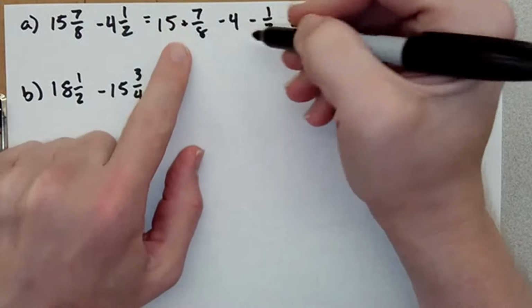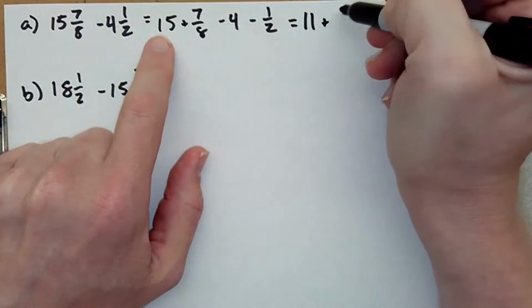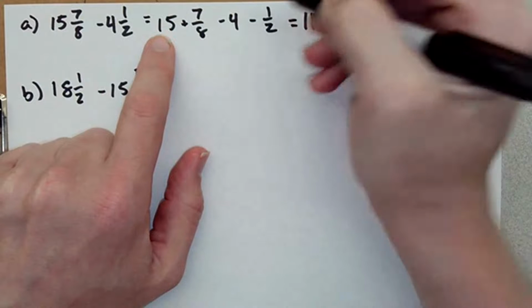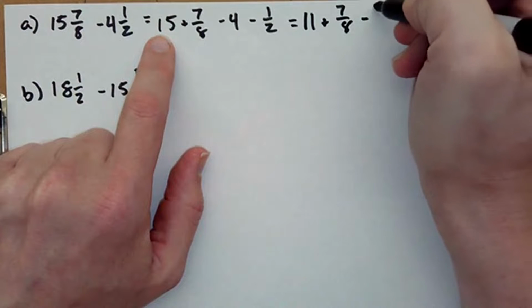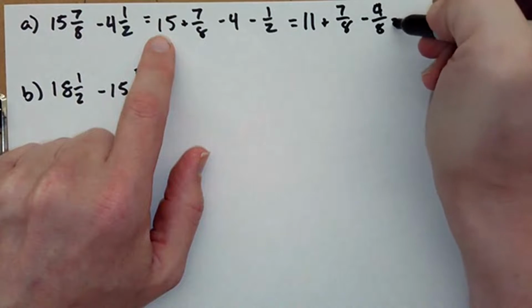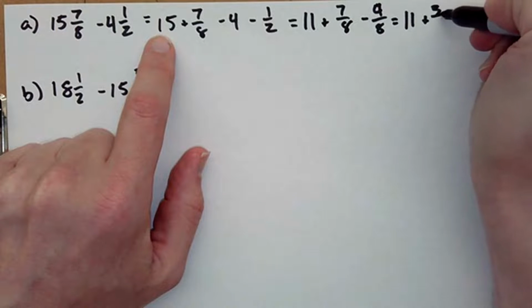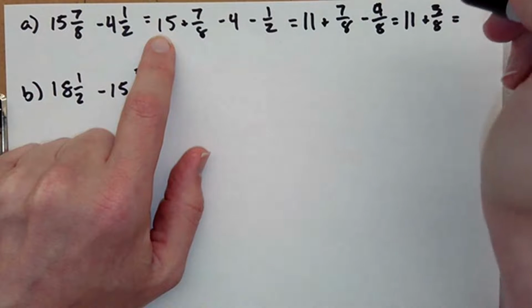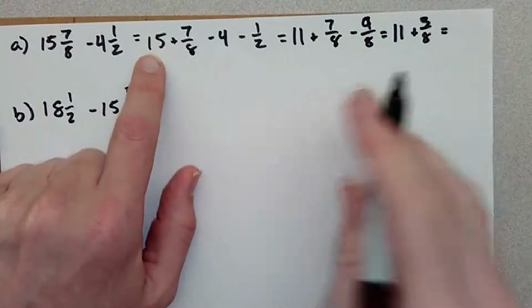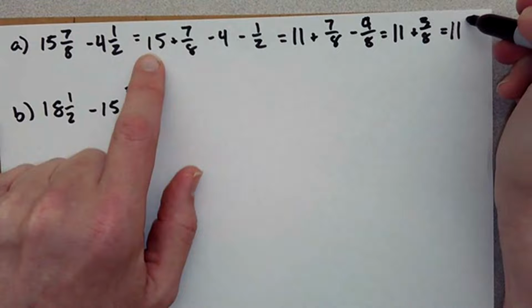Plus 7/8 minus 1/2, and we can change this to eighths. That's minus 4/8, which gives us 1 plus 3/8, which is 1 3/8.